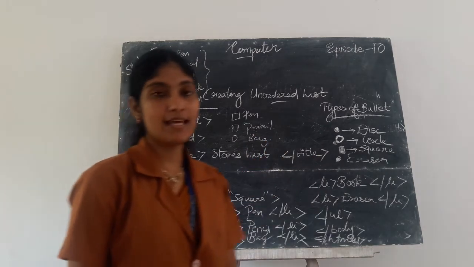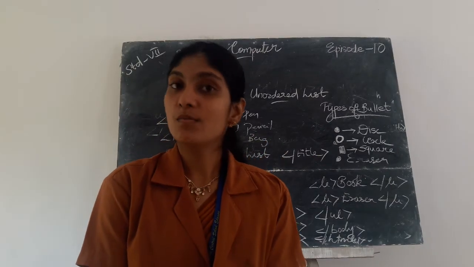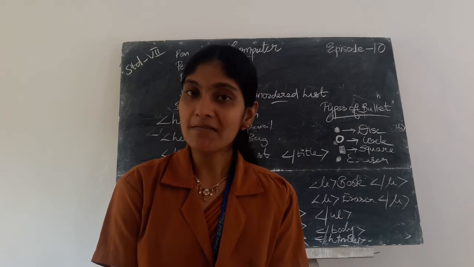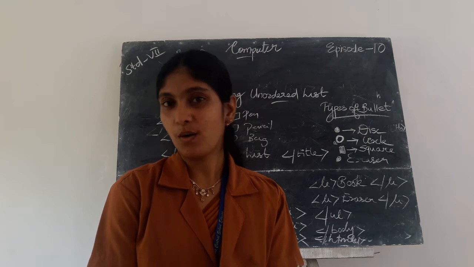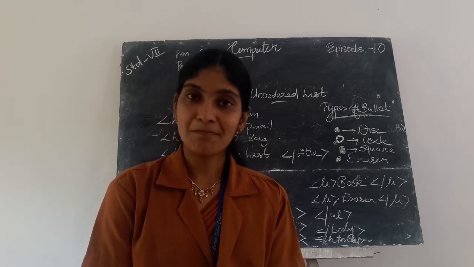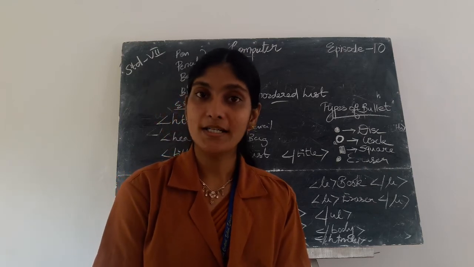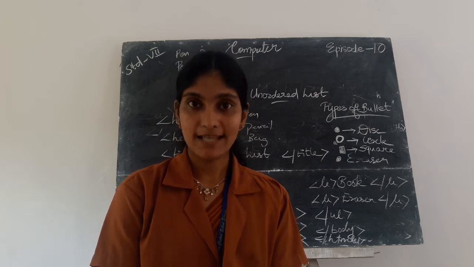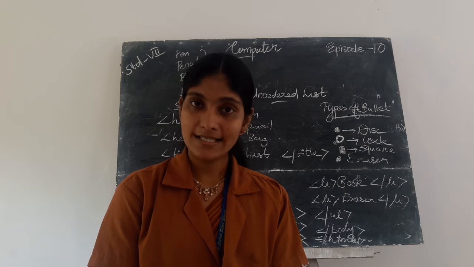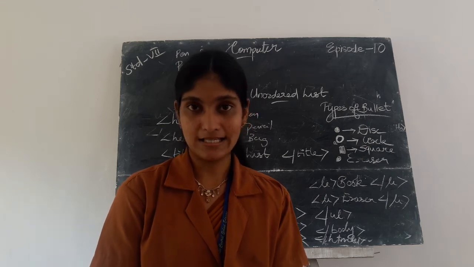Okay, so once again there are 2 types of list: bulleted list and numbered list. So bulleted list is also known as unordered list. Number list is also known as ordered list. So first we discussed numbered list. That means by default the list appears in number series.